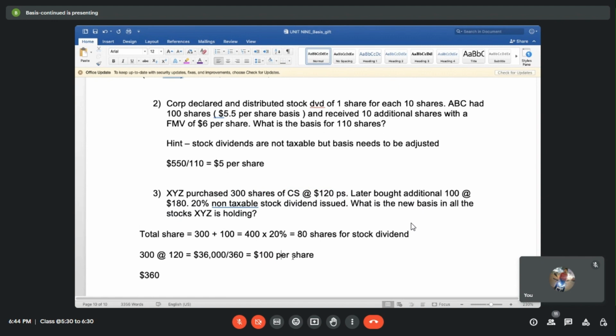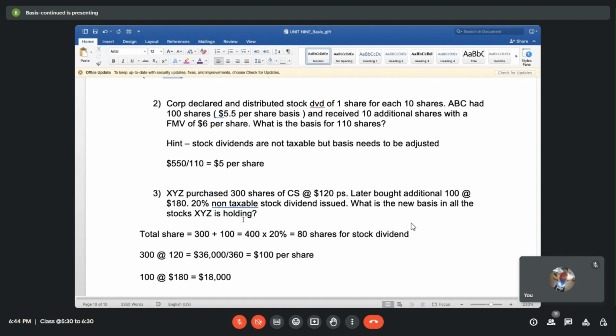But what happened with the 100 shares which were bought some months later? I'm just making up the time. When they bought it at 180, how much did the person pay? 18,000. So now how much does that become?